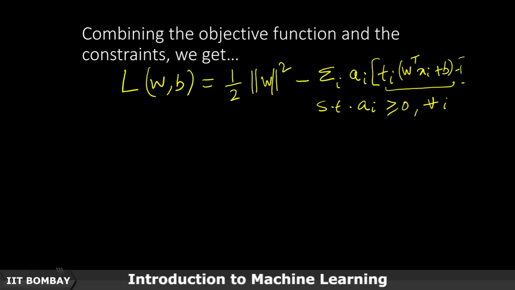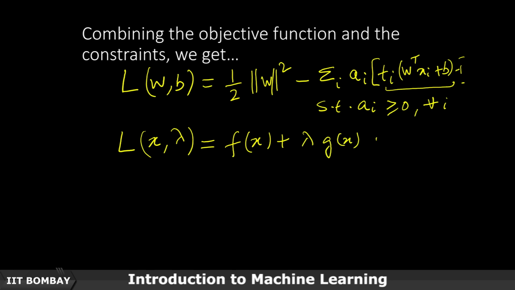So from Lagrange multipliers what we know is that, let's say we have some Lagrange multiplier over some variable x. We have a Lagrange function, right. Let's say this function is f of x plus lambda g of x, lambda greater than 0.